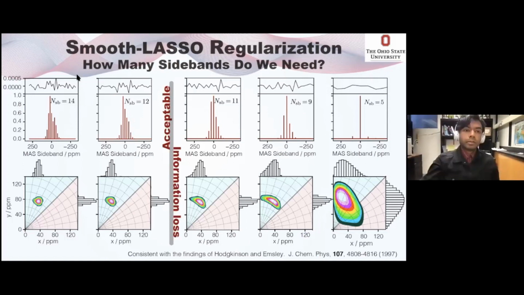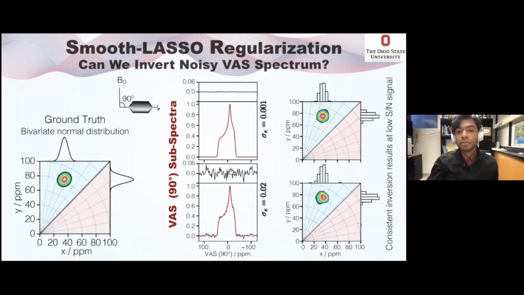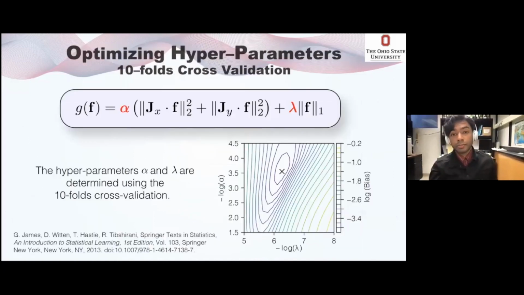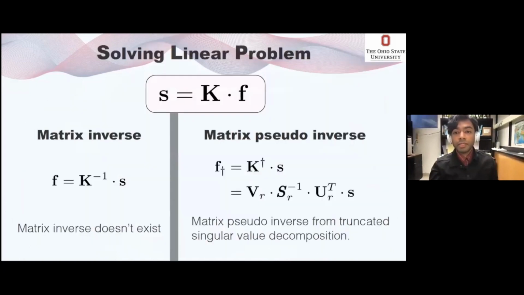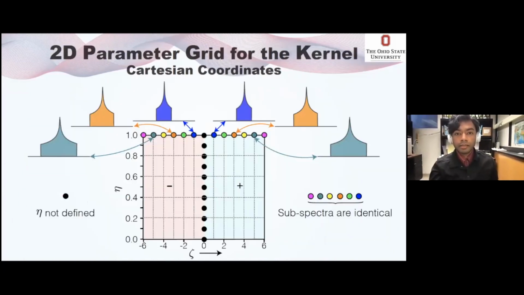Yeah, so that is something that's inherent in the problem itself. It is not unique to this inversion problem. The way zeta and eta are defined is that you cannot distinguish a positive zeta from a negative zeta when your asymmetry is 1.